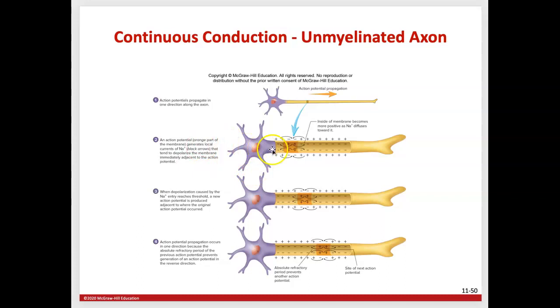When we talked about the outside being positive and the inside being negative, as we let sodium in, it's going to take with it that positive charge. So this charge here is positive, and as the sodium enters the cell, it becomes negative. At resting membrane potential, the outside is positive, the inside is negative.